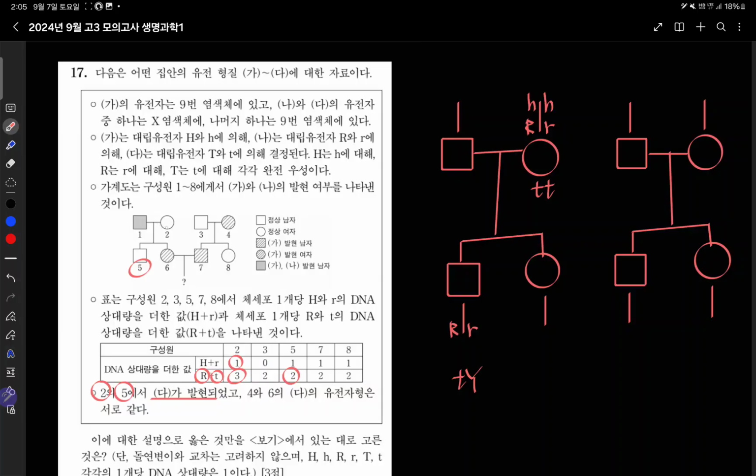So that means individual number 1 should have at least one capital H allele.